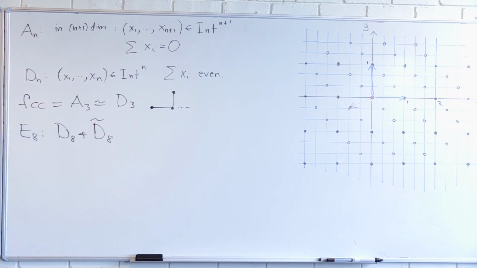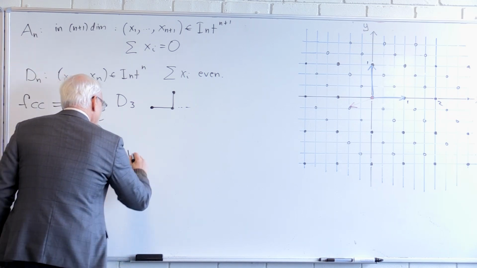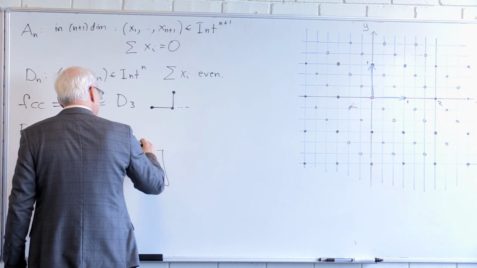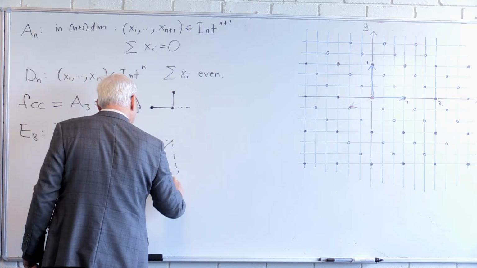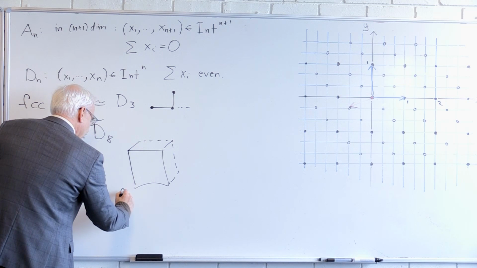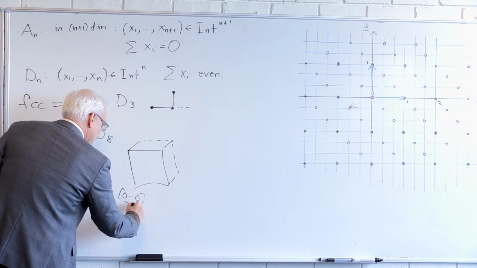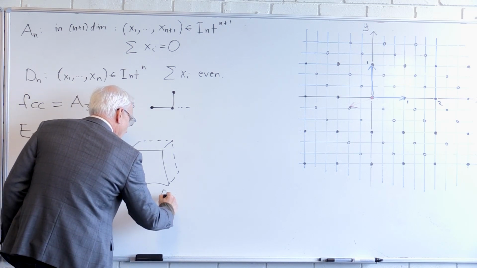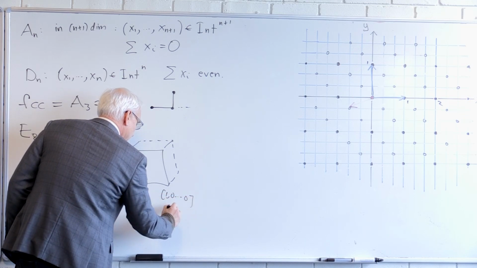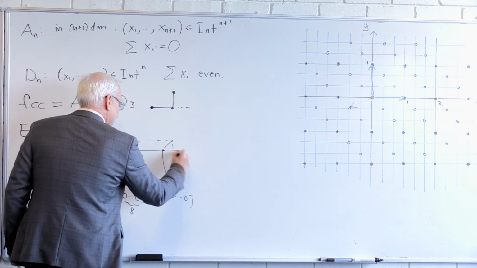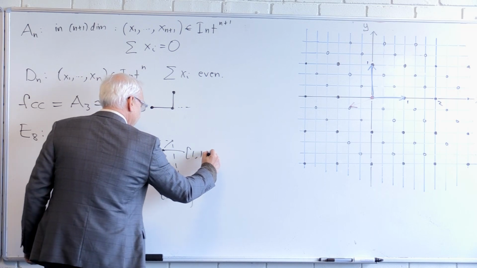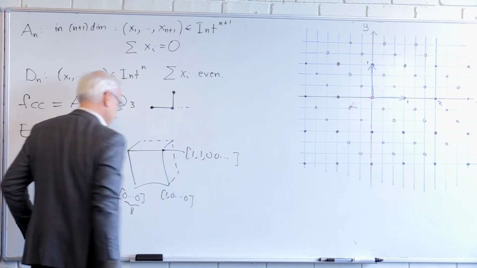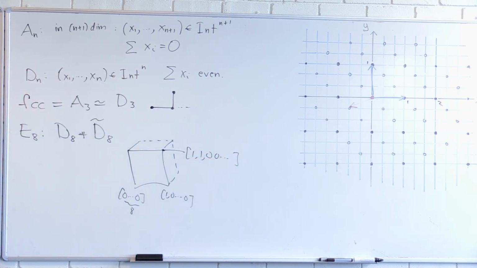To explain that, here is the unit cube in 8 dimensions. This is 0, 0, 0, and so on, 8 of these everywhere. Here's 1, 0, 0, 0, and so on. Here is 1, 1, 0, 0, 8 of them altogether. That's the unit cube in 8 dimensions.